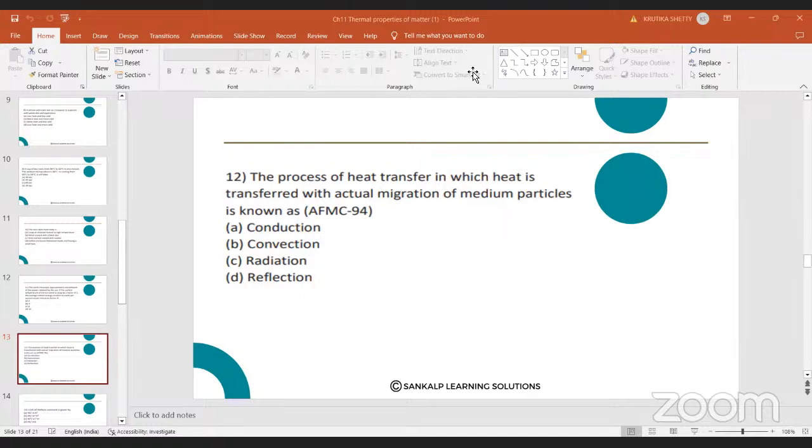Convection, yes. In conduction, the particles are not moving. In convection, the particles are getting migrated.